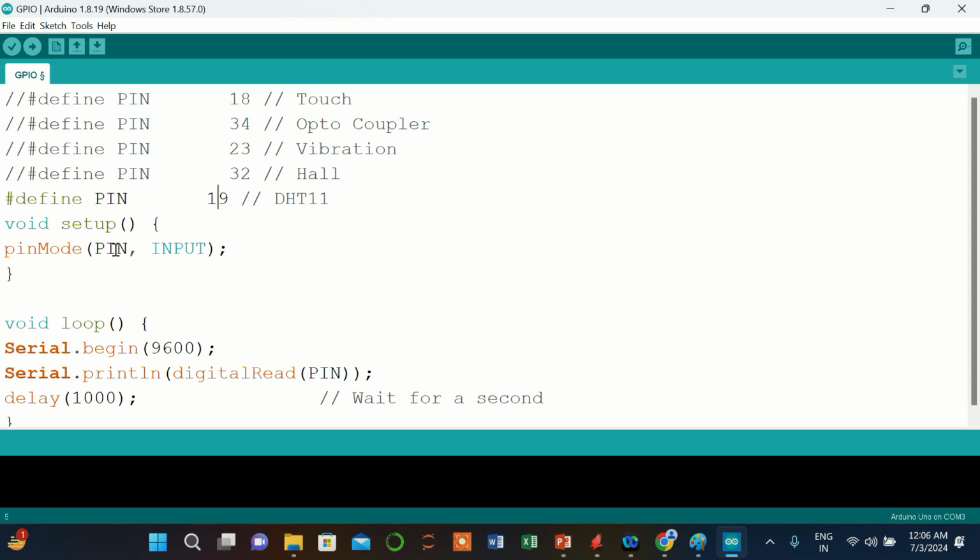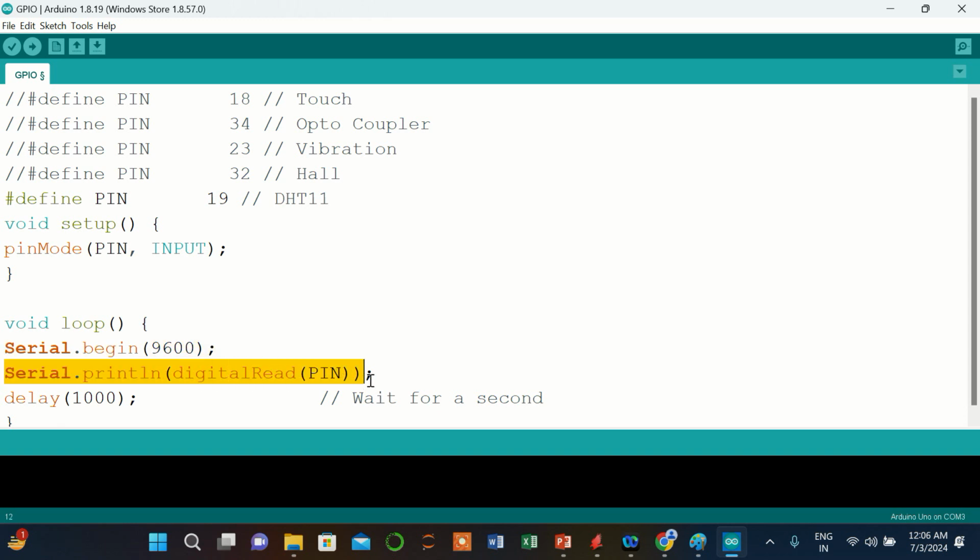That's in the void setup because the code will be executed only once. Then in the void loop, we configure the serial port because we want to dump the data through the serial port with a baud rate of 9600 bits per second, so that at the same rate the data will be transferred from the microcontroller to the other system like a computer.